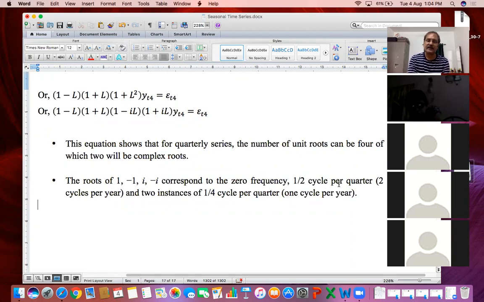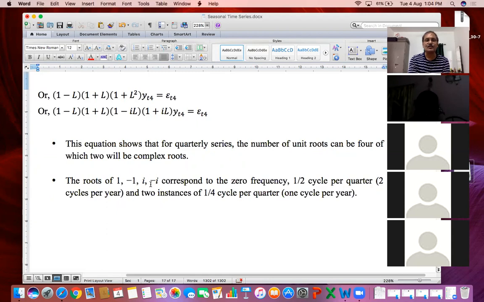If it captures half cycle per quarter, it means in a year there are 2 cycles according to the value of this. So the value of this determines the movement of the variable in 2 cycles per year. What would be the type of movement of the variable if we consider 2 cycles in a year? That is determined by the value of this.